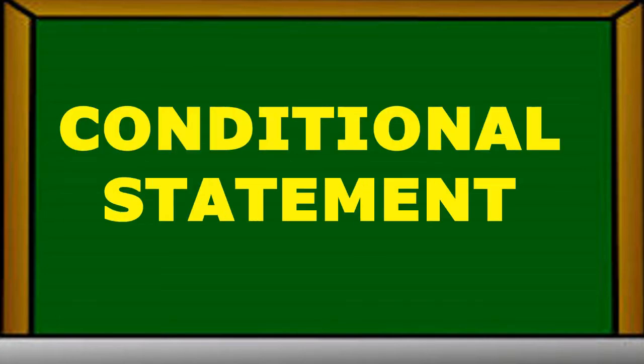Based on our discussion earlier, we mentioned that a conditional statement has two parts, the hypothesis and the conclusion. This time, we will identify the hypothesis and the conclusion of each conditional.